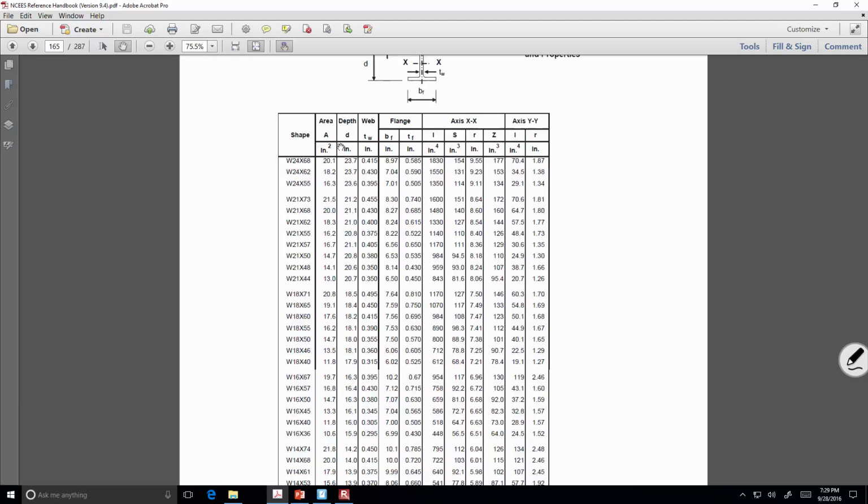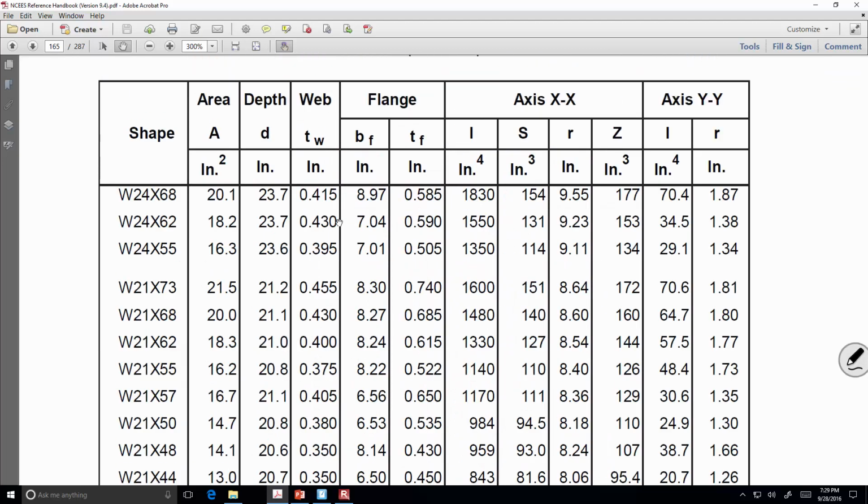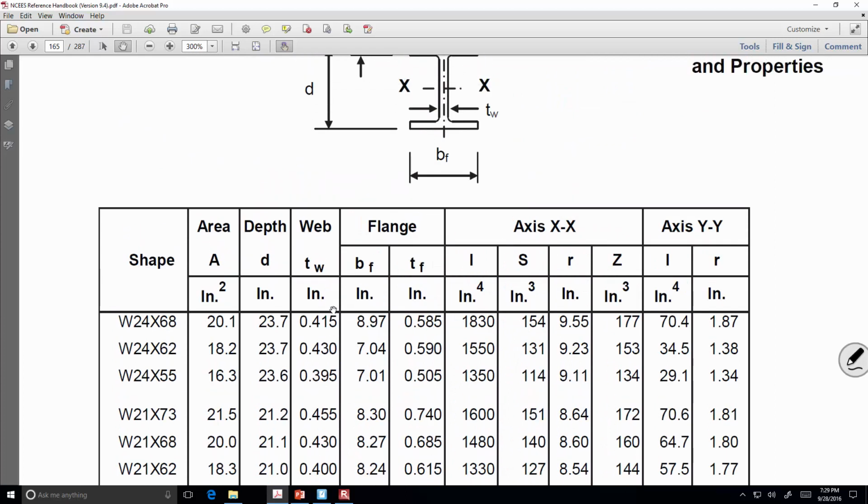So I'm going to go into this section right here. And what is Sx for a W24 by 55? What is that? W24 by 55, section modulus was 114? Everybody see that? Okay.